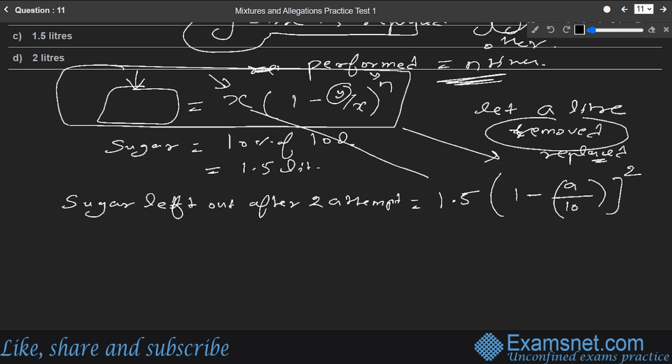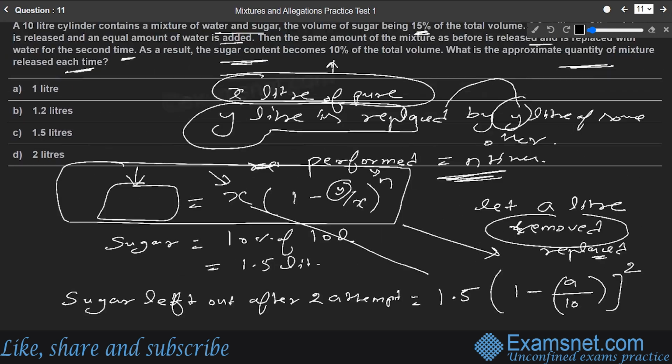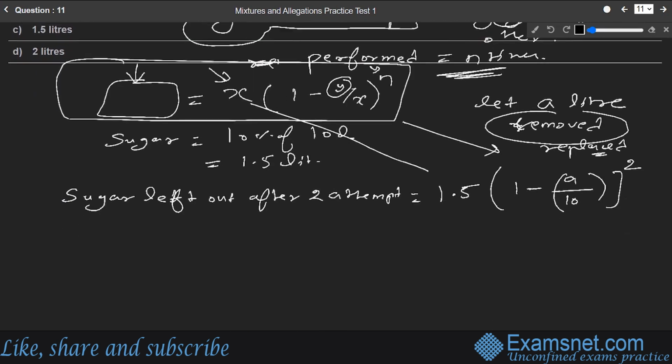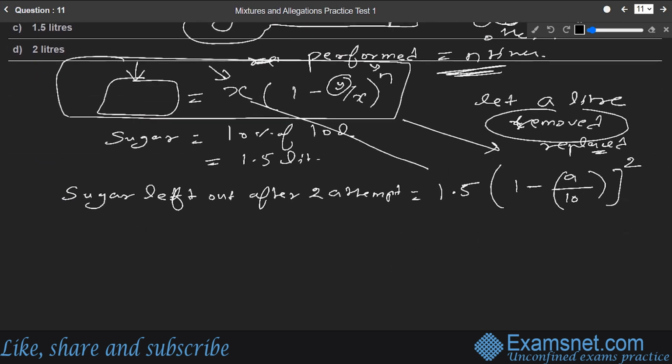If we solve this, they also say that after two such steps, the sugar content becomes 10% of the total volume. So 10% of the total volume, that is 10, is nothing but 1. So the ultimate sugar that would have been left is just 1. We have to solve for A. So the formula becomes 1 is equal to 1.5 times (1 minus A by 10) whole square.